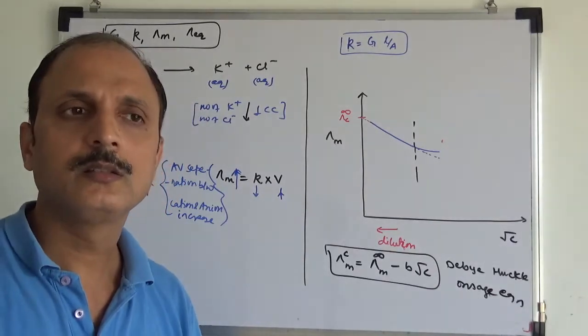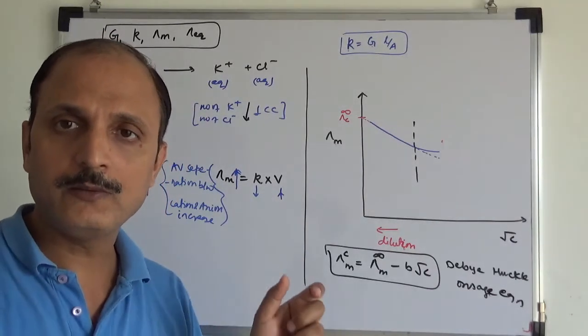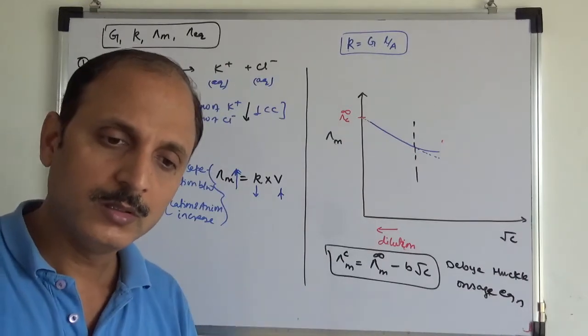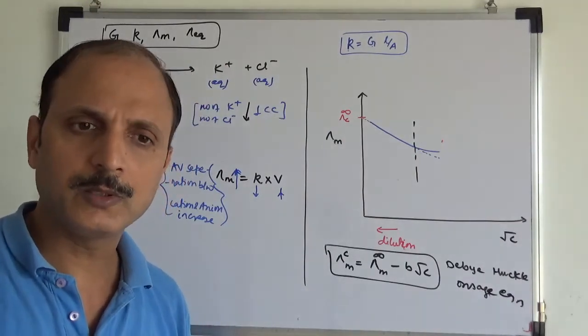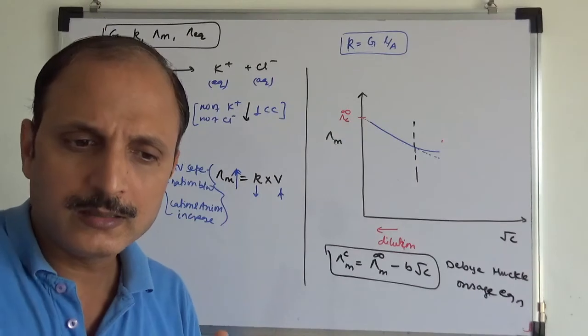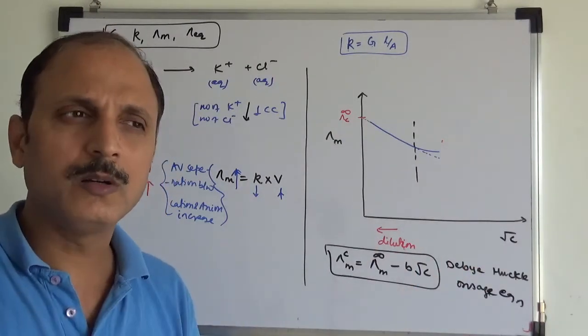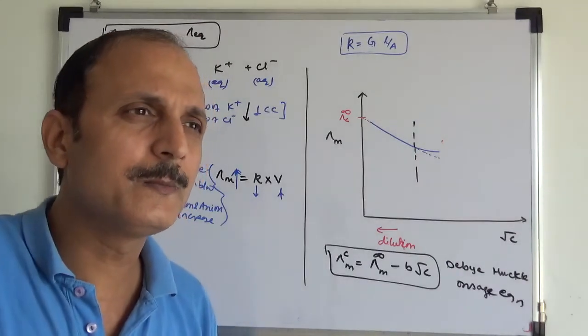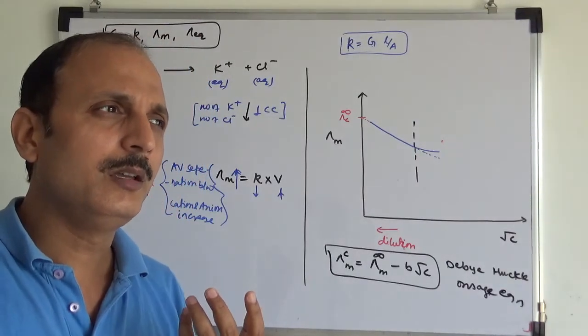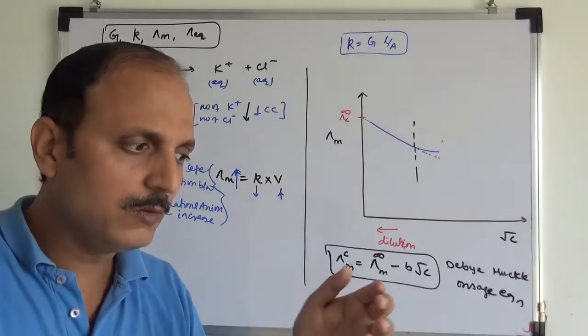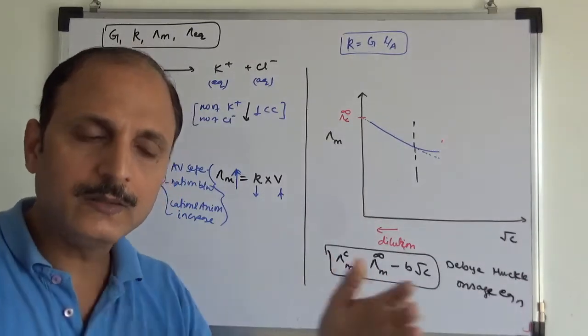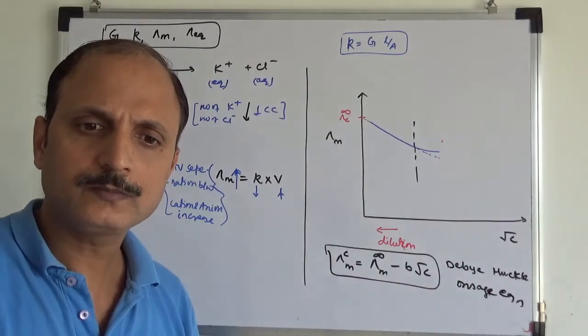So to avoid this, if we increase the separation, and we do that by dilution, this increases the conductance. Because what is conductance? Conductance is basically how easily the cations and anions flow. In simple words, in a metal it is how easily electrons flow, here it is how easily ions flow, that is conductance.